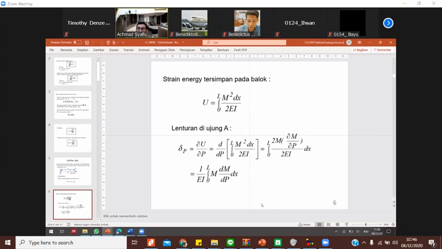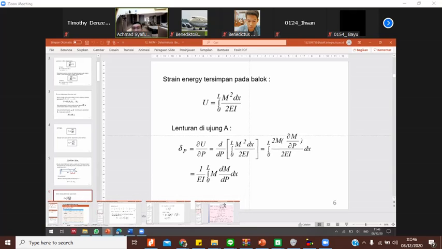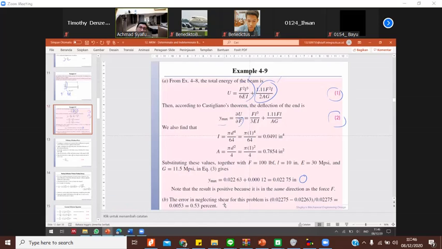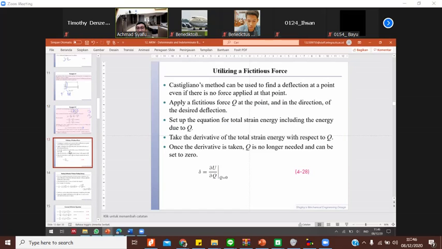The previous slide is about how to use the Castigliano theorem to find the deflection at any point, even where there is no force applied.